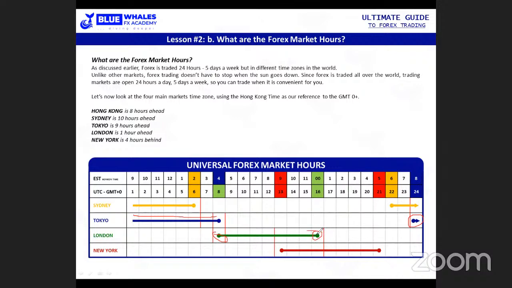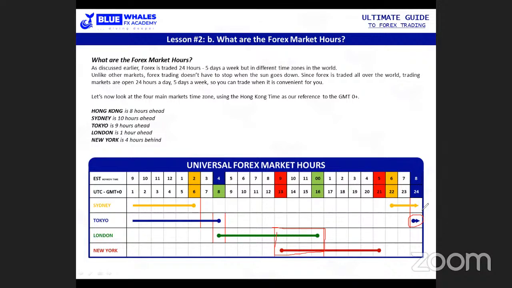Before this market closes at 1600 GMT, at 13:00 GMT, the US or New York market will also open. So this area overlaps, and this is where you have high volatility in the market. Wherever there's an overlap, you will find more volatility.